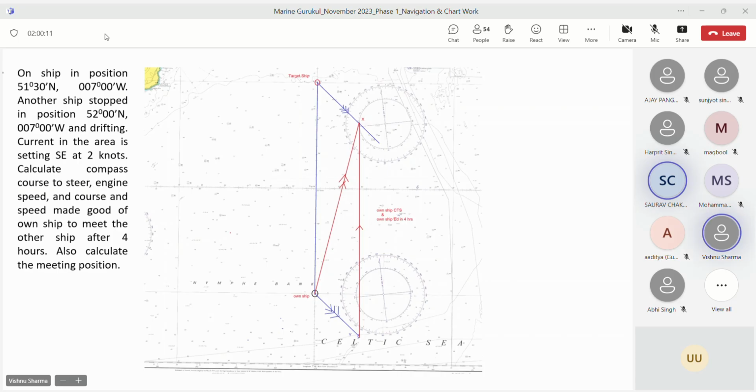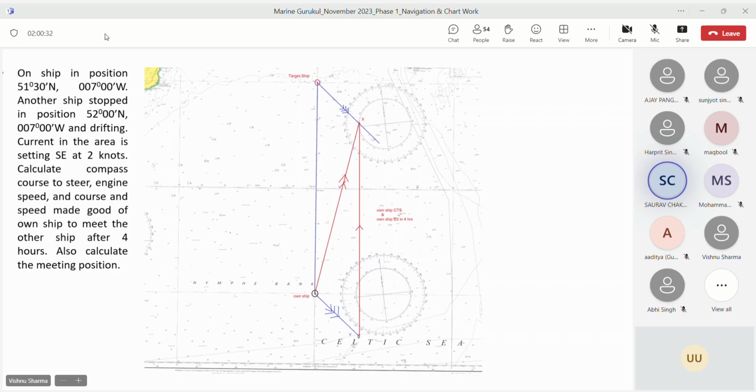Sir, if they didn't give us the 4 hours, then we would make a 1 hour triangle, right? Beta, then they have to give some more information. Then they have to give your engine speed. What they have done is they have not given the own ship's engine speed this time. Instead of that, they have given you the duration, right?